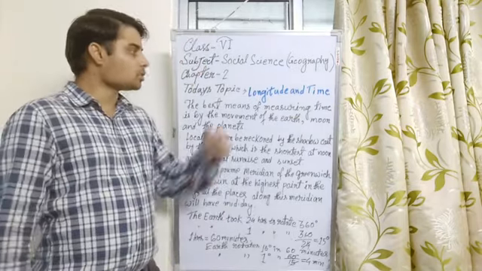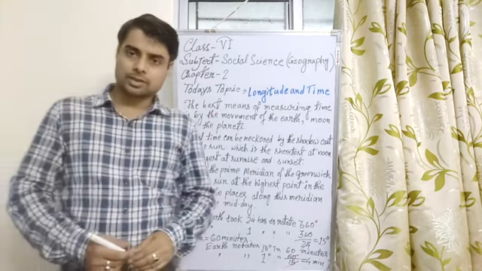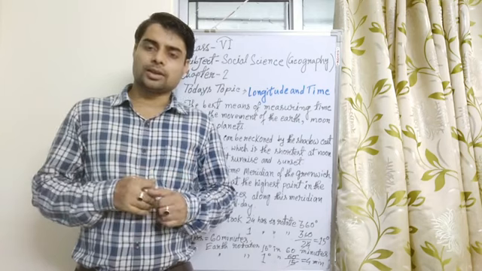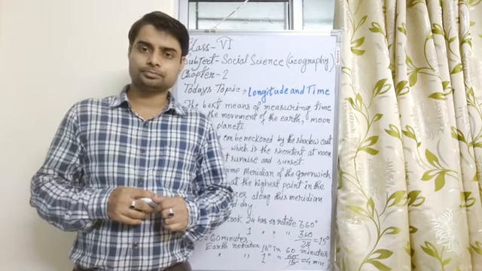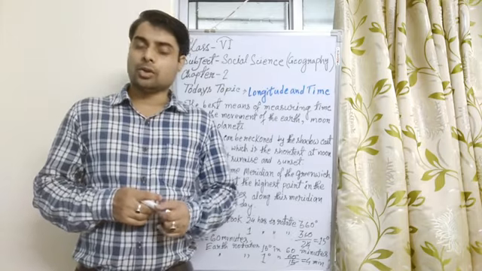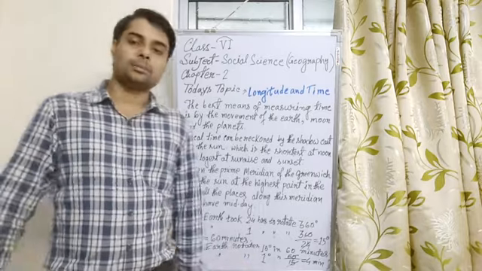The best means of measuring time is by the movement of the earth, moon and the planets. Have you thought about how ancient people calculated time? At that time they also calculated time by observing the movements of earth, moon and the planets.